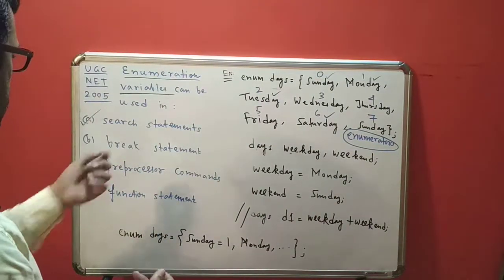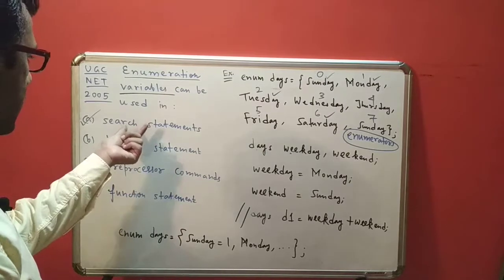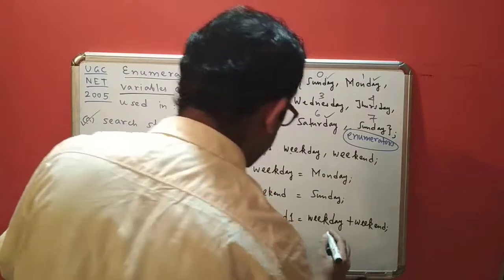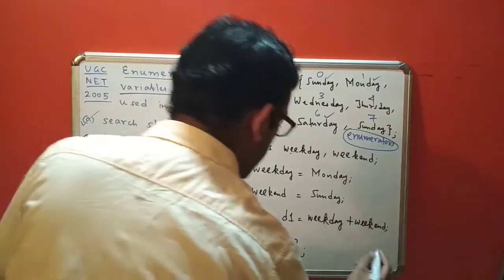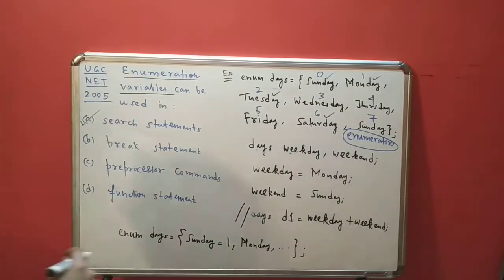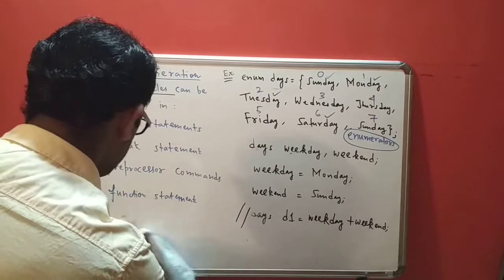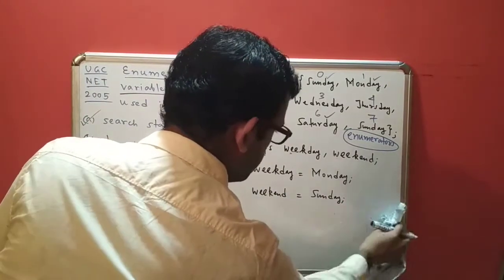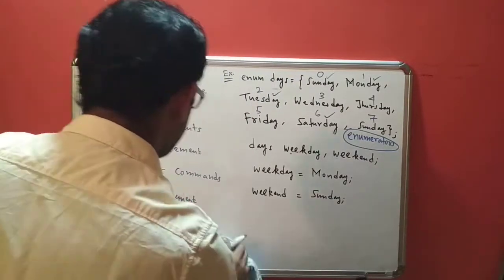And just to wrap it up with this one last point, how can it be used in search statements? It can be used in search statements if I do something like this. So I have assigned weekend equal to Sunday. Now what I can do is, I'll just erase this part. I hope you have noted it down. What I could do is, I could compare two enumerated variables.